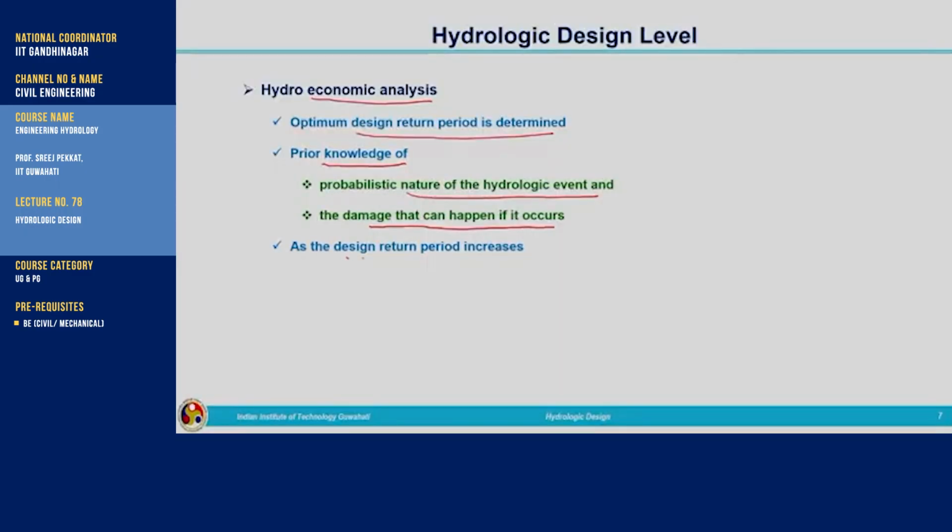And as the return period increases, the capital cost of the structure increases, because if you are considering a return period of 100 years, the magnitude of the event will be very high and the frequency of occurrence of that particular event will be less. So the probability, which you calculate as 1 by return period, will be very low.